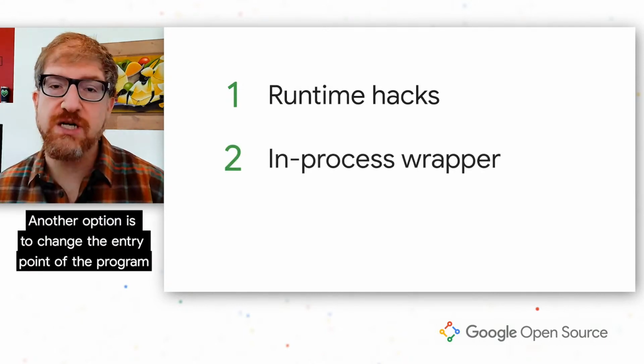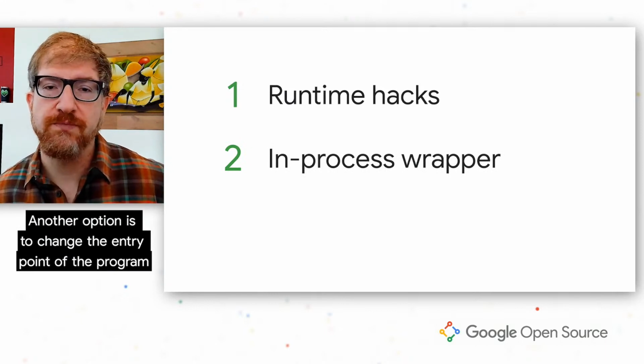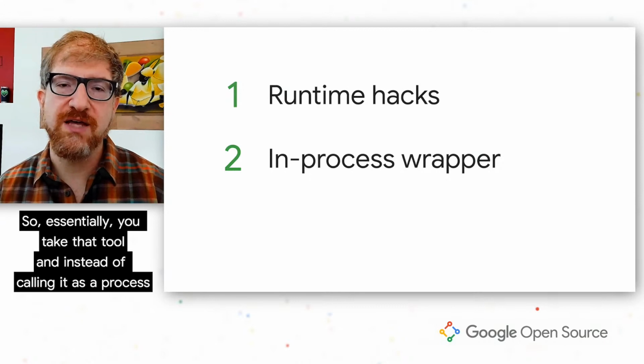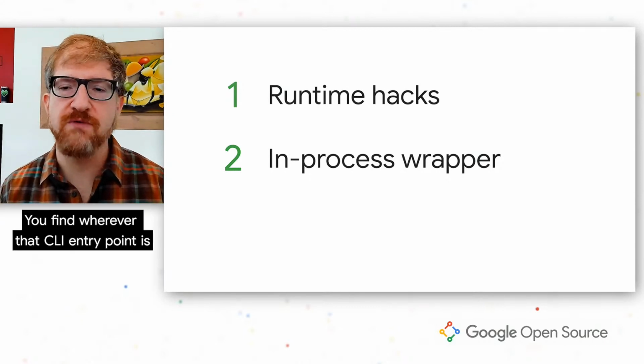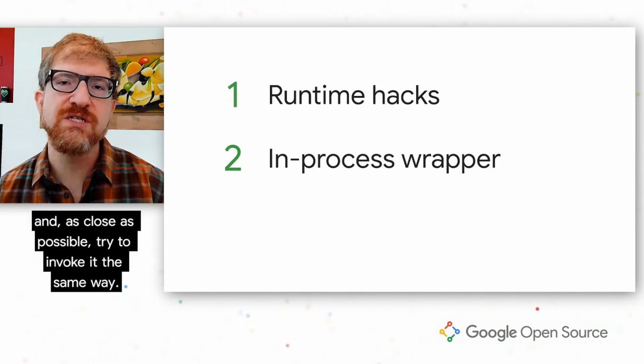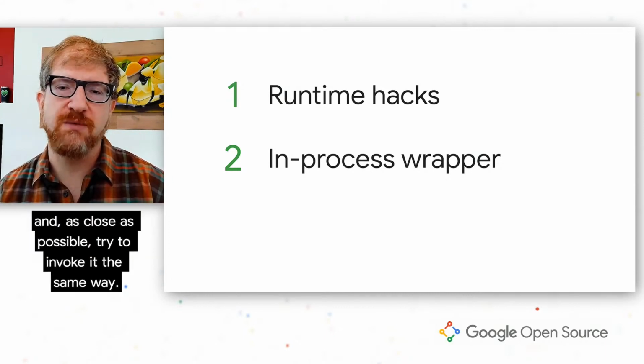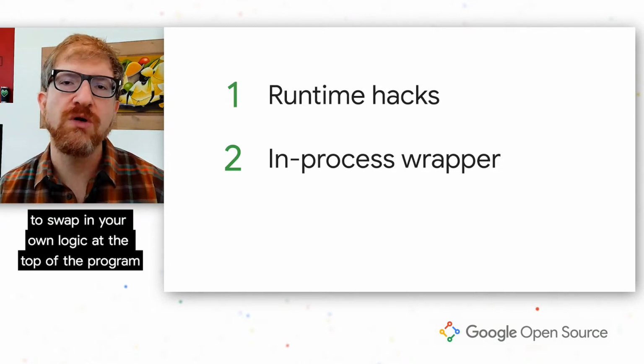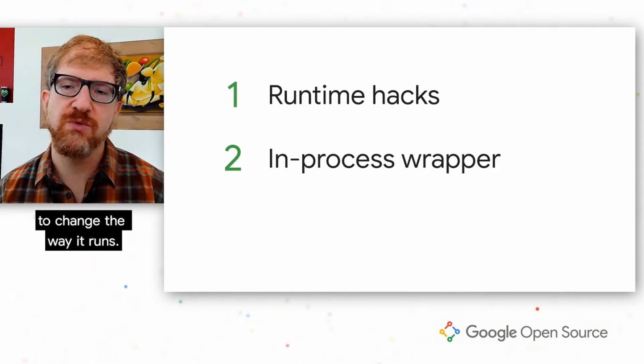Another option is to change the entry point of the program, but staying within the same process. So essentially you take that tool and instead of calling it as a process, you call it as a library. You find wherever that CLI entry point is, and as close as possible, try to invoke it the same way. And that gives you just a little bit of room to swap in your own logic at the top of the program to change the way it runs.